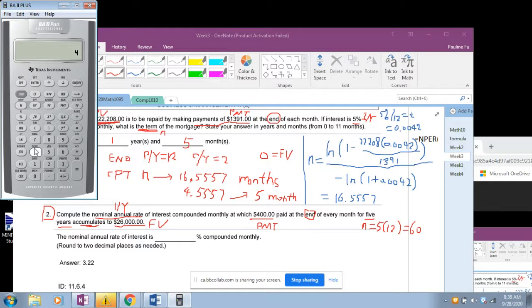Now enter 400. That is negative PMT. 60 is N. 26,000 is FV. I entered 3 numbers.